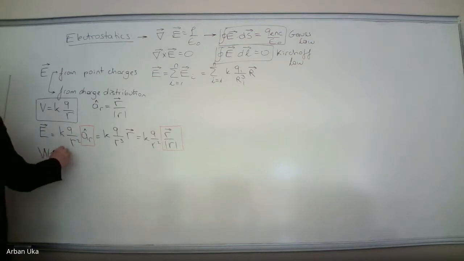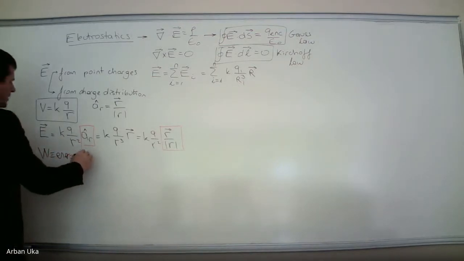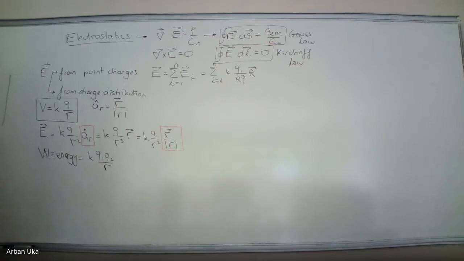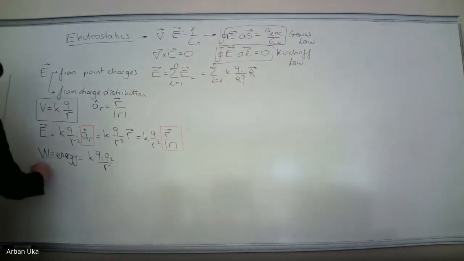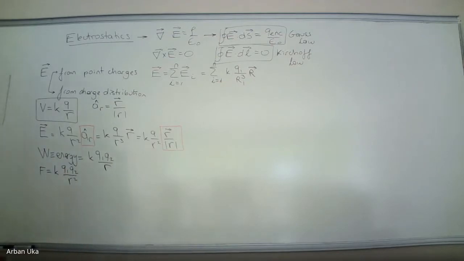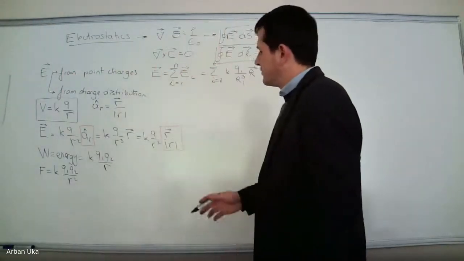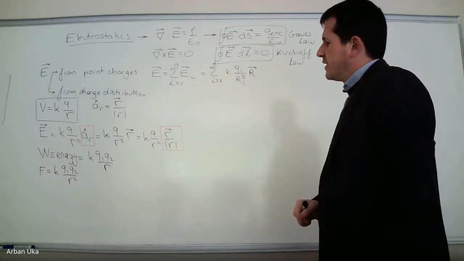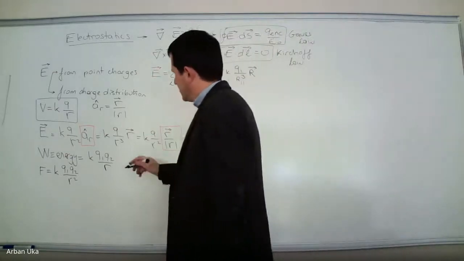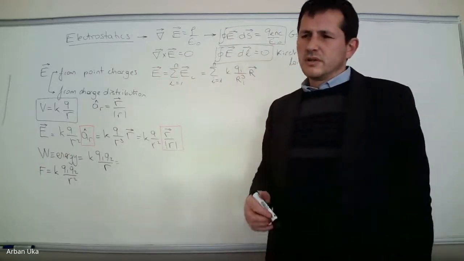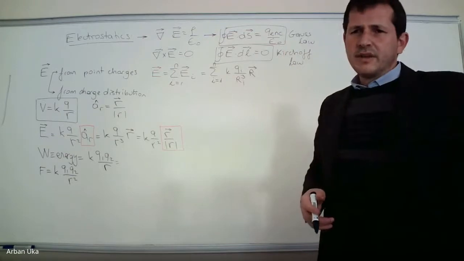Let's write this one, the energy of a system, which can be described as k Q1 Q2 over R. We can also remind ourselves that the force between any two charges is equal to k Q1 Q2 over R squared. And the energy of the system is, in fact, the expression given for a specific case. This energy of the system is equal to the work done to create the system.